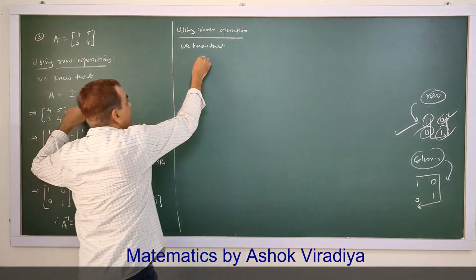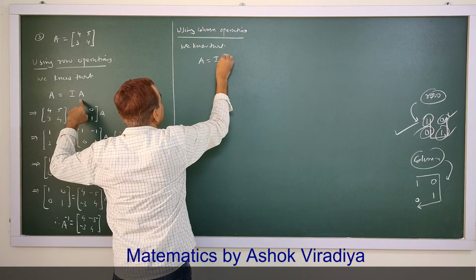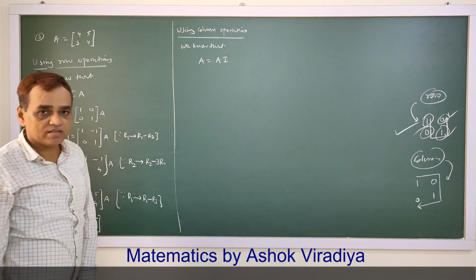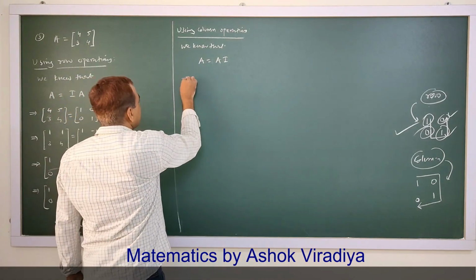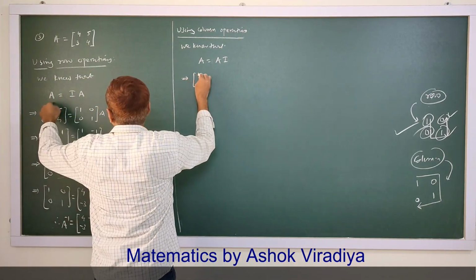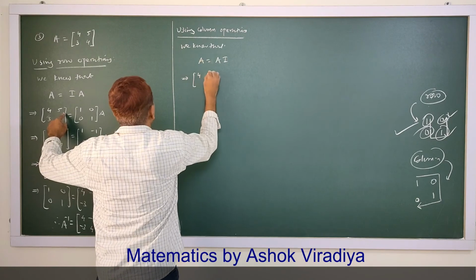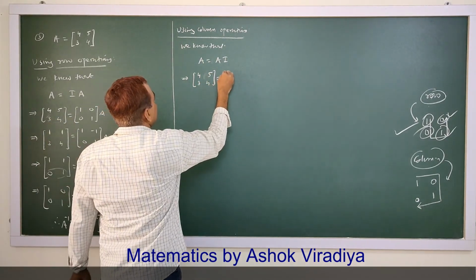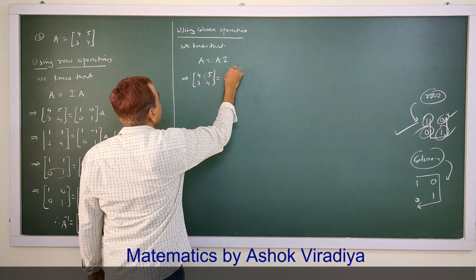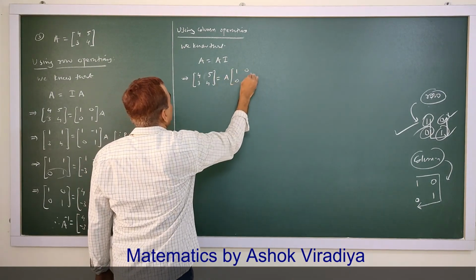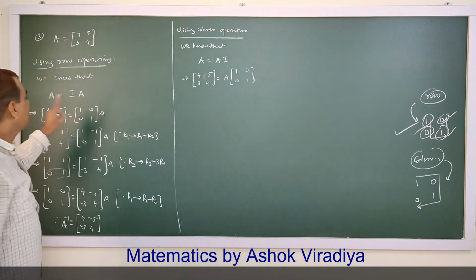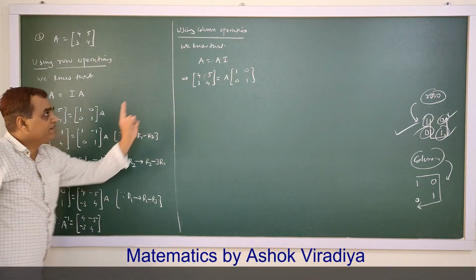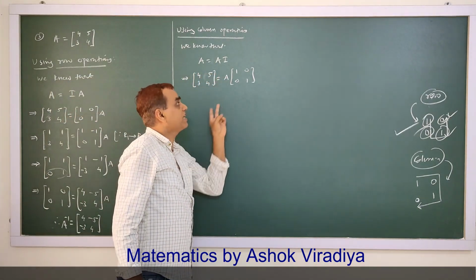In column operation, let A is equal to I into A is equal to A into I. That is A is 4, 5, 3, 4. This A keep as it is 1, 0, 0, 1. In this method, this A which is on the right side will forward as it is. Here we set A on the left side, that will forward as it is.